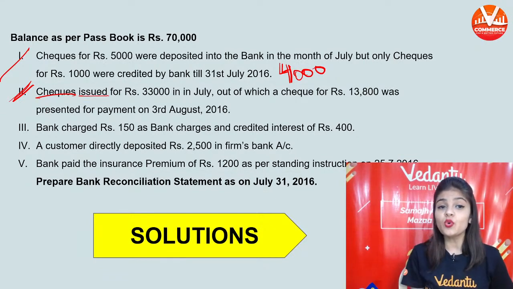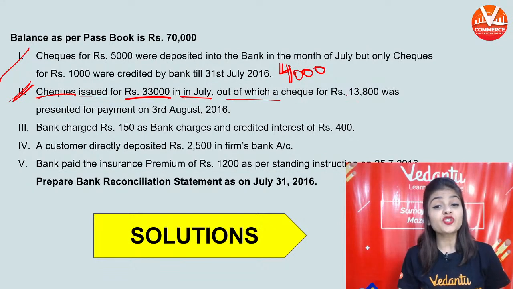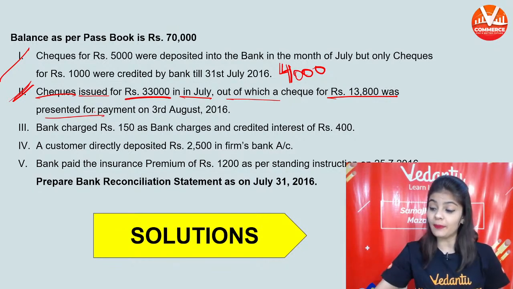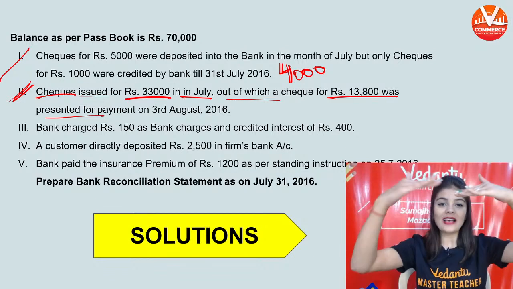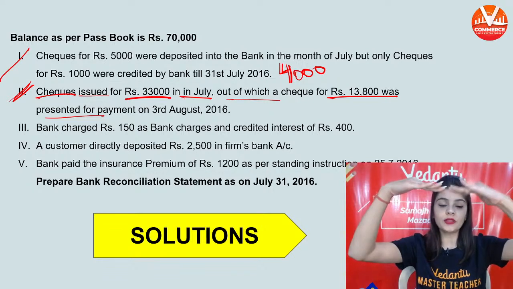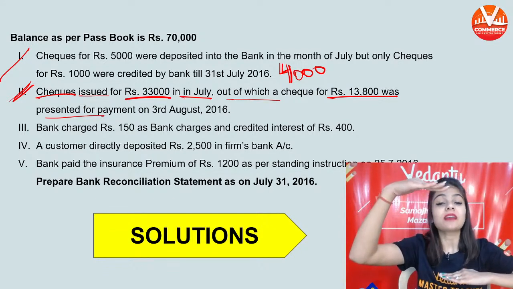Checks issued for 33,000 in July, out of which check of 13,800 was presented in the passbook. कितने के चेक इशू हुए? 33,000 के. Just a minute. This is cash book, this is passbook. आपने कितने के चेक इशू किए? 33,000. From cash book, 33,000 is subtracted.